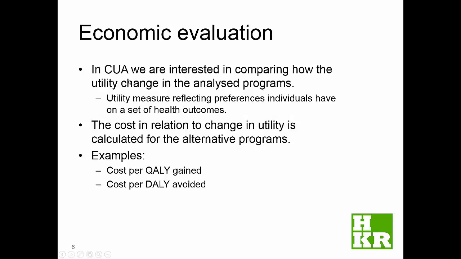But here, when we have cost utility analysis, we can have changes in more than one health outcome. And then we try to have a utility measure that accounts for the change in the different health outcomes. So then we calculate the costs of the different treatments and set this cost in relation to the change in the utility from the different programs.